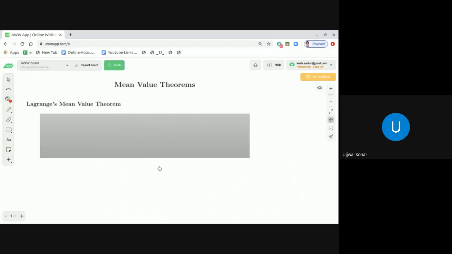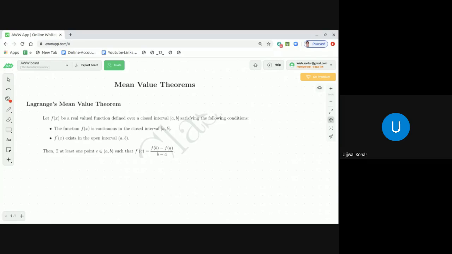Let f(x) be a real valued function defined over a closed interval [a, b], satisfying the following conditions. What is the first condition? The function f(x) is continuous in the closed interval [a, b], and the second condition is that f'(x) exists in the open interval (a, b).